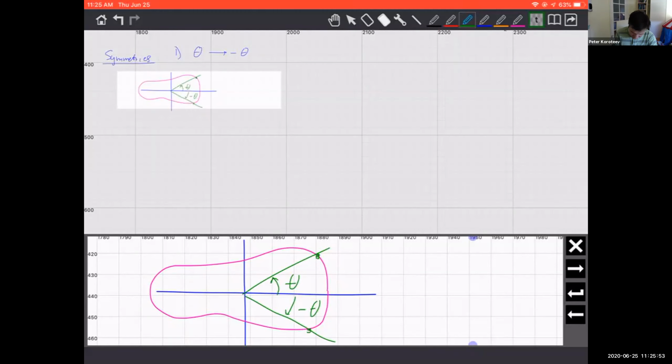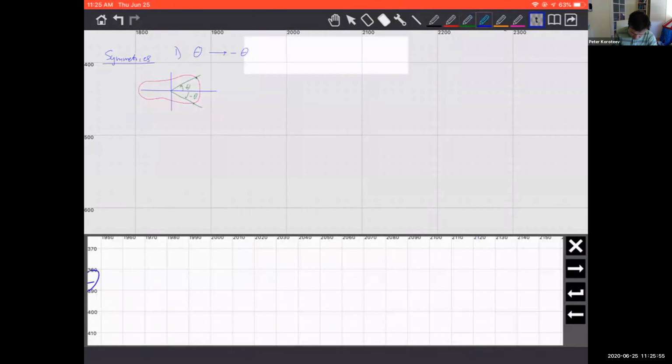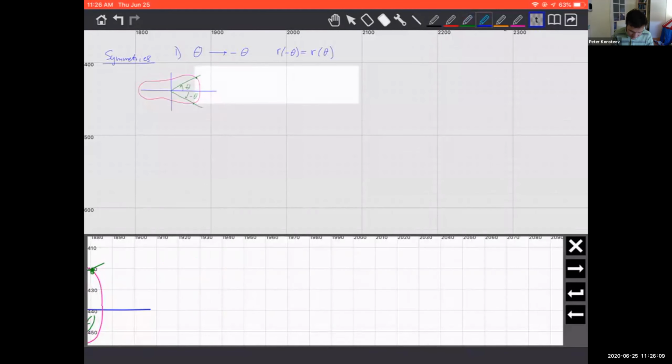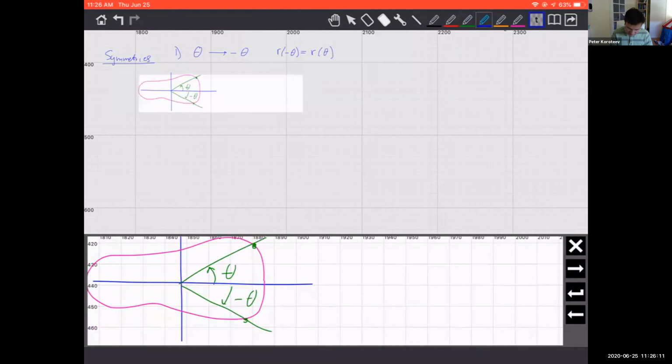By this I mean that r of minus theta is equal to r of theta. If this is the case, then the graph is symmetric relative to the polar axis, because it tells you that the distance between the origin and the point at minus theta is equal to the distance between the origin and the point at theta.